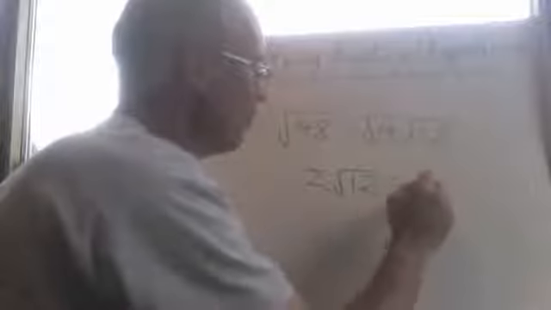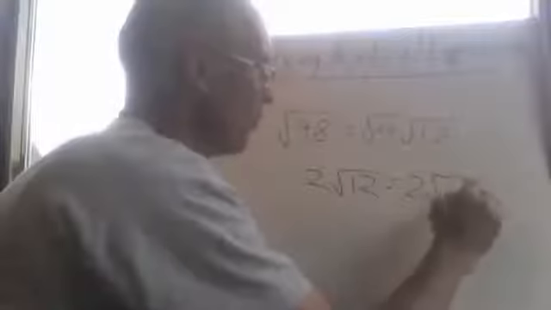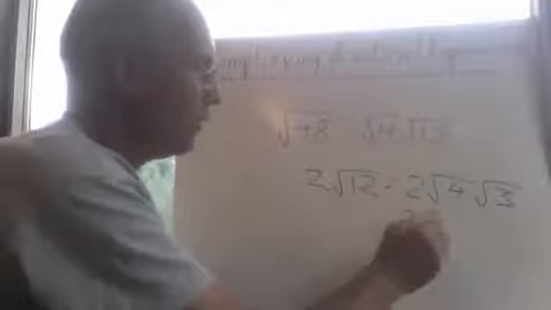So I could rewrite this as 2 times the square root of 4 times the square root of 3. Does that make sense? That's going to change into a 2. So I'll have 2 times 2 times the square root of 3. And if I simplify that, it's going to be 4 times the square root of 3.